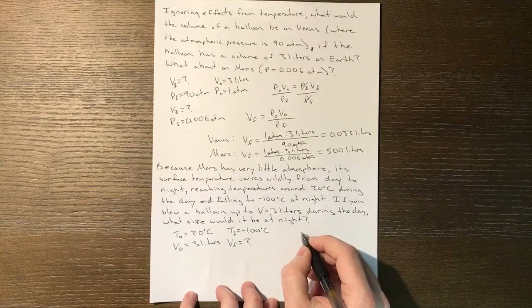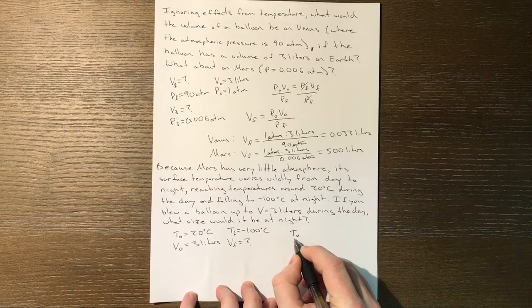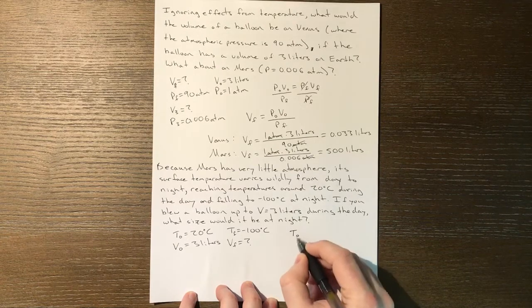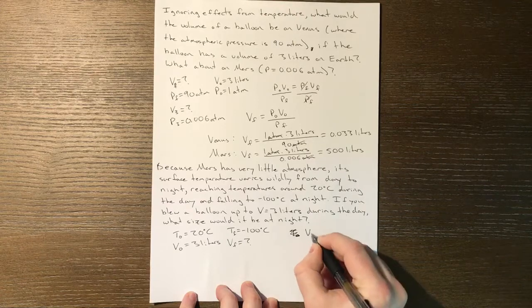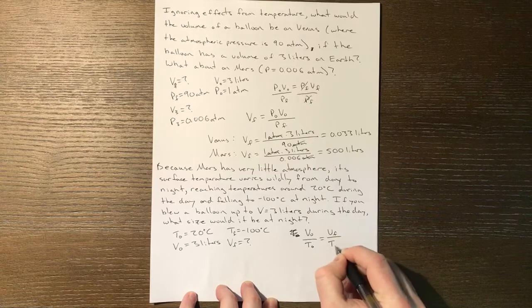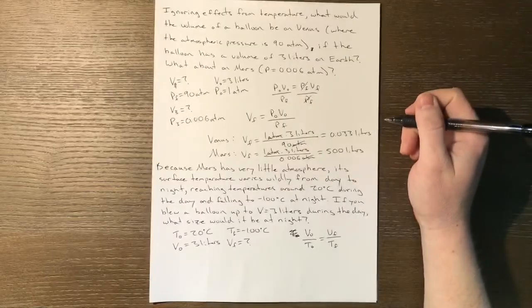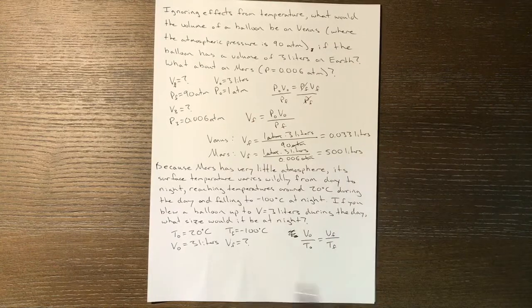So, V initial over T initial equals V final over T final. And what do we want to solve for? We want to solve for V final.